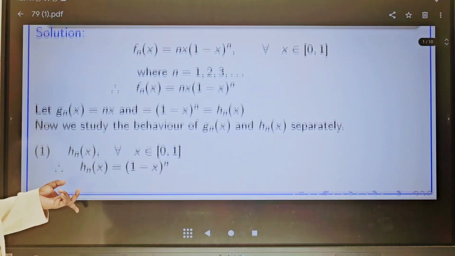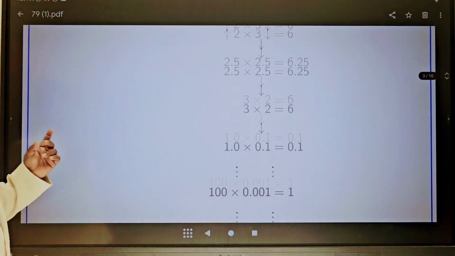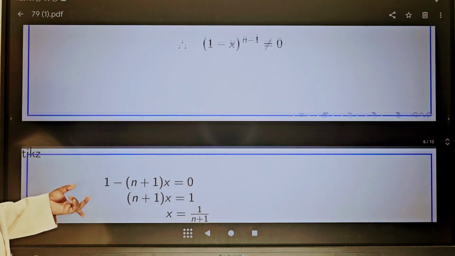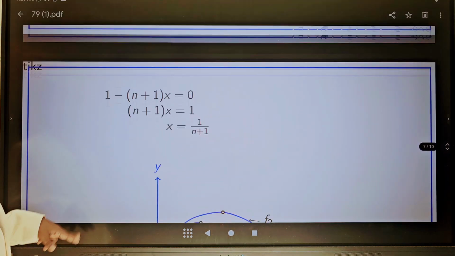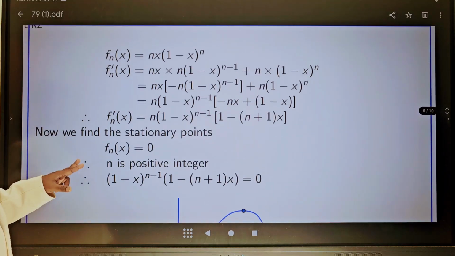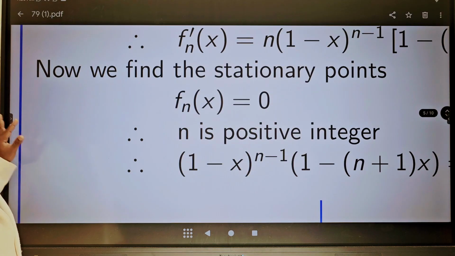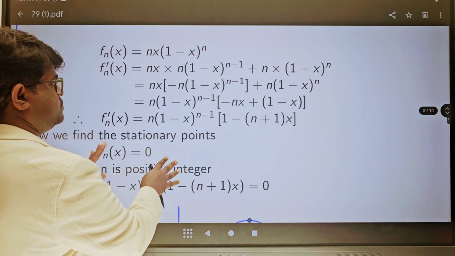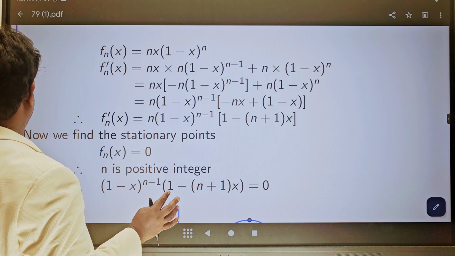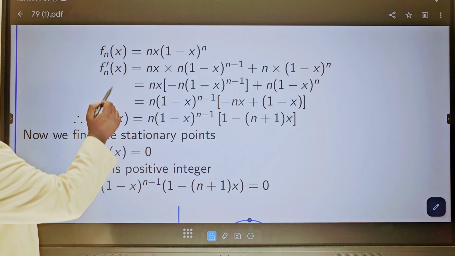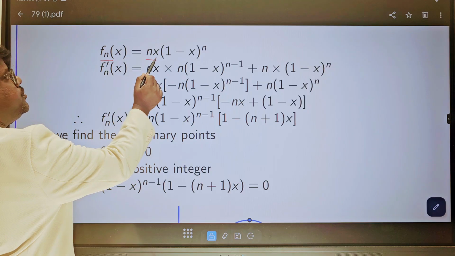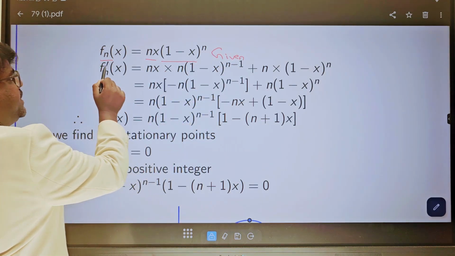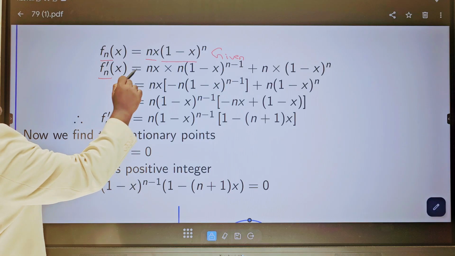To check the option D, what to do? Now, fn of x equals n into x, 1 minus x to the power of n. This is given. I will take f dash n of x.